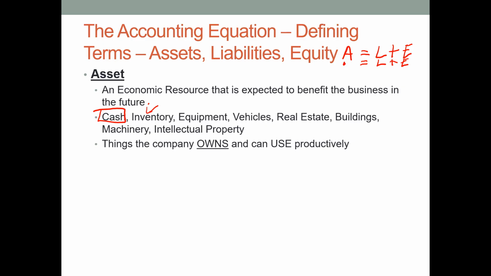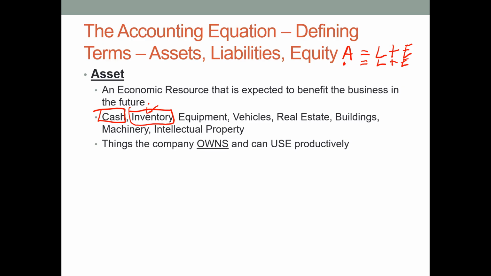And so when you buy that soap that's now sitting in your store, you haven't yet realized the benefit of it because it's only going to happen when you sell it. So until that time, that inventory is an asset that your company owns that's going to give you the future benefit of a sale, right? You're going to generate what we call revenue from the sale of that particular inventory item.